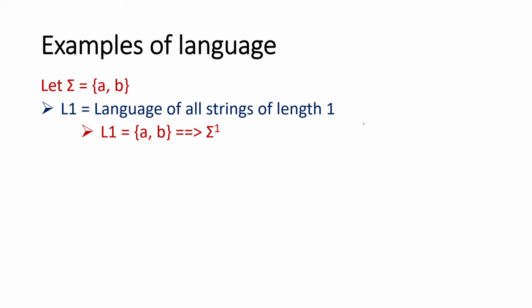And how can we define it mathematically? We can define it in this way. L1 equal to, within brackets, A comma B, which is the alphabet, that is, alphabet superscript 1.